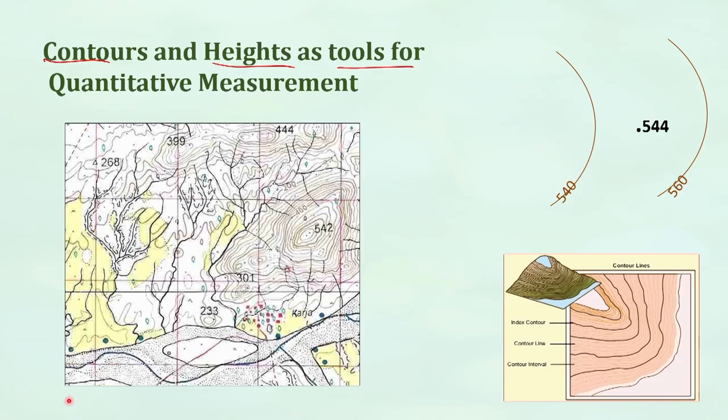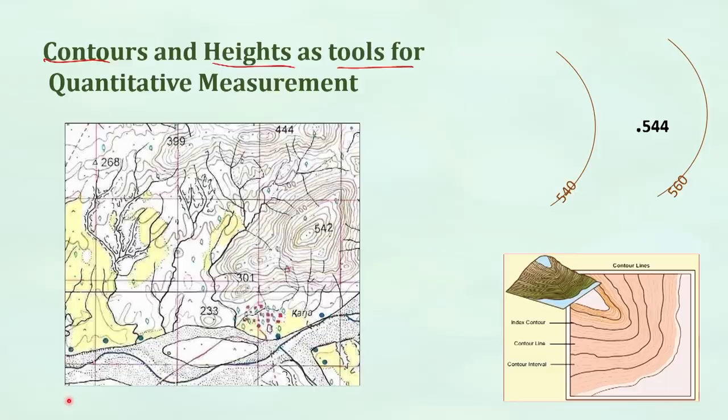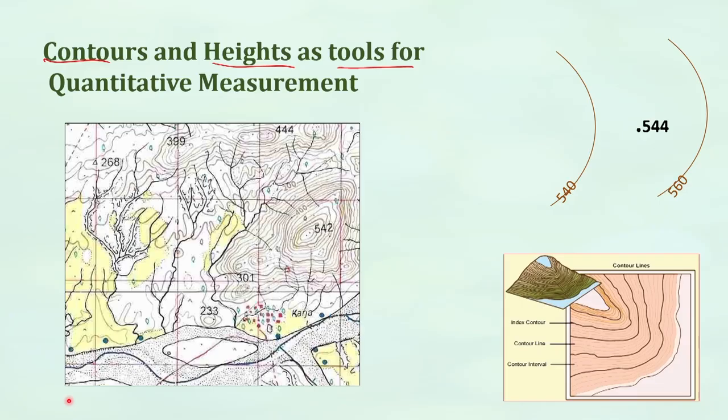For example, this is a spot height and this is a contour line. Regarding the contour line, you will learn in the upcoming lecture series how to measure different kinds of relative relief, whether a particular region covered by contour lines represents a hill area, plain area or plateau area. Now, just keep in mind there are index contours and contour lines.